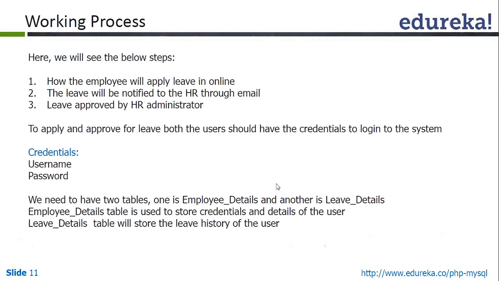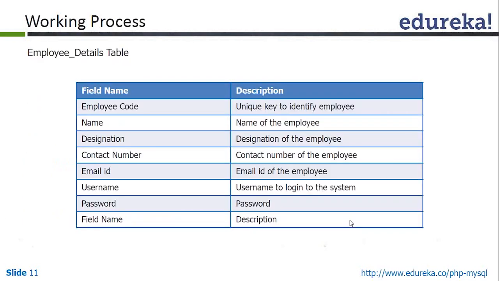Before that, to apply for and approve leave, both users should have credentials to log in to the system. So we need two tables: one is leave details, the other is employee details, where we have the employee login information, and leave details will have all the leaves applied along with the status.